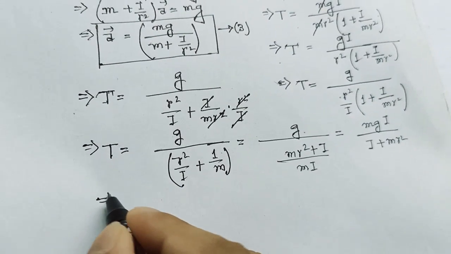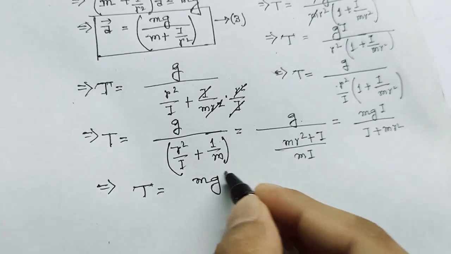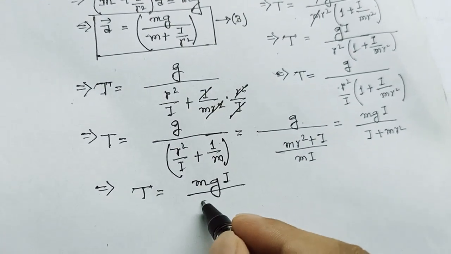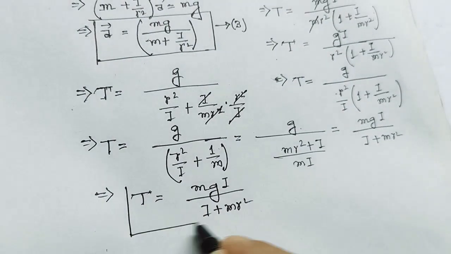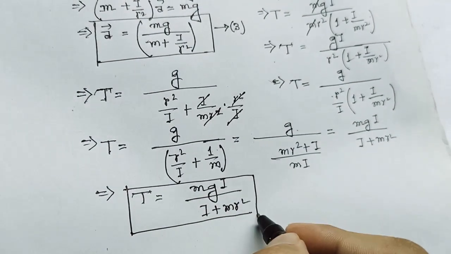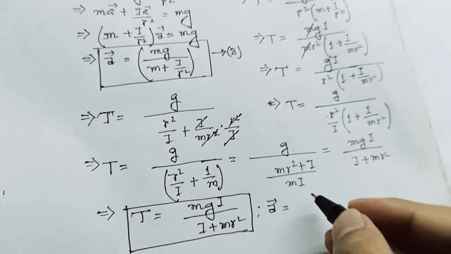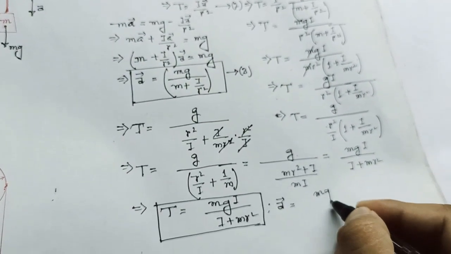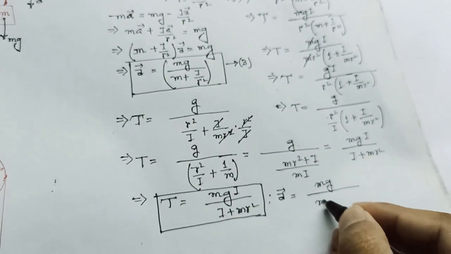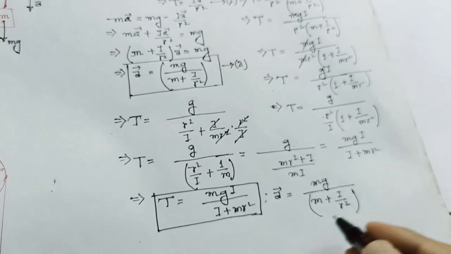So our tension force will become T equal to m g I divided by I plus m r square. So this is our tension force, and the corresponding acceleration of the system will be a equal to mg divided by m plus I divided by r square.